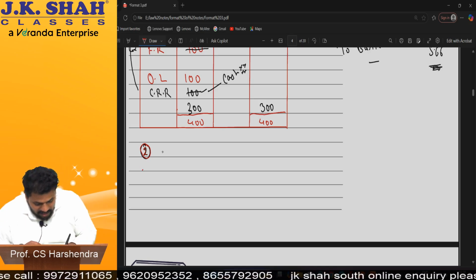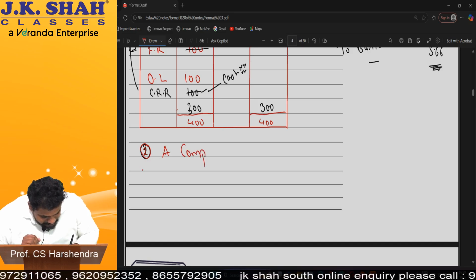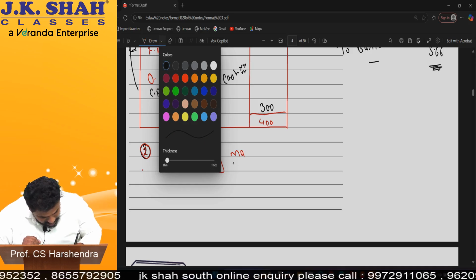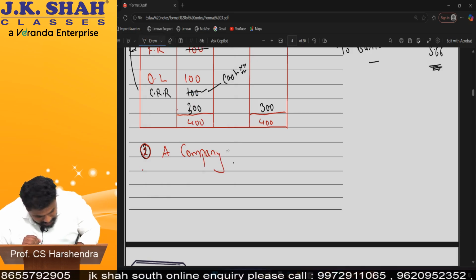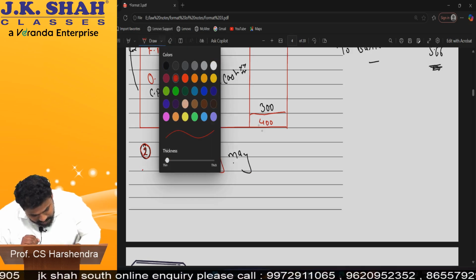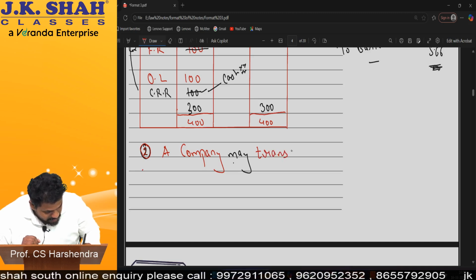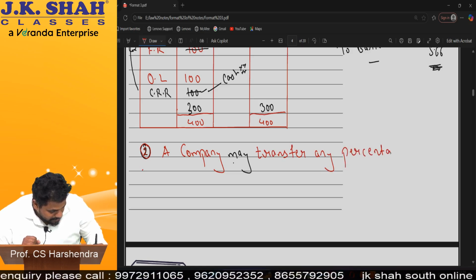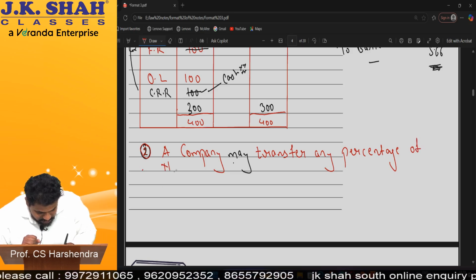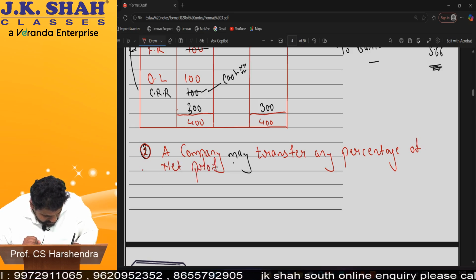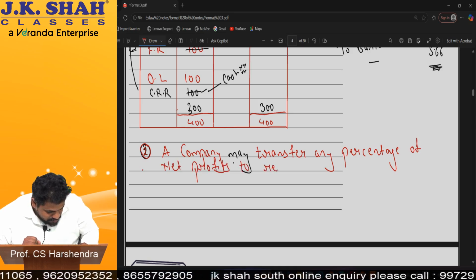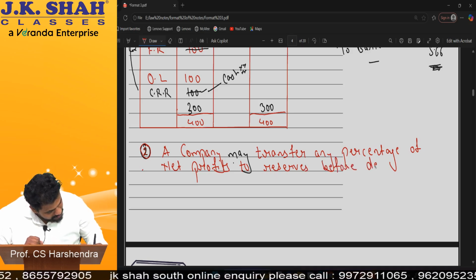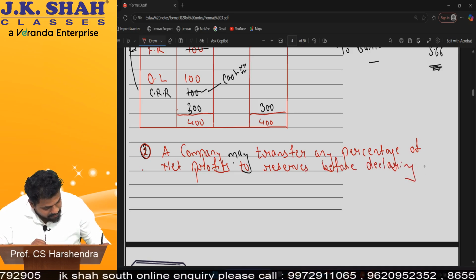Now what does this say? A company may transfer any percentage of net profits to reserves before declaring dividend.